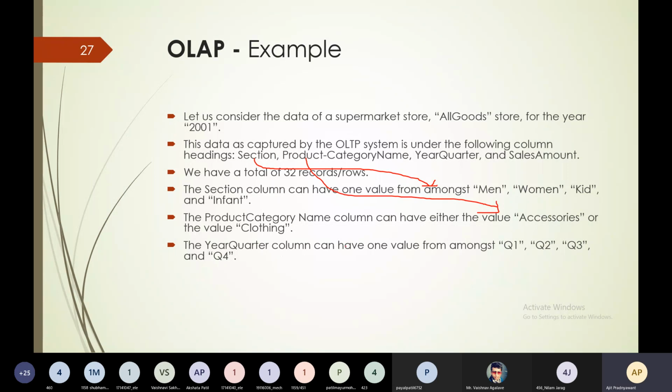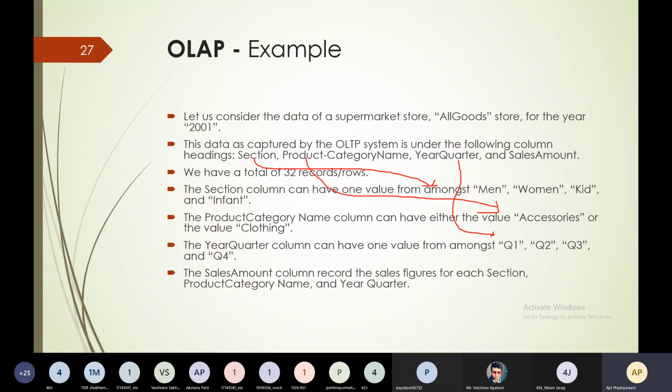The year quarter column can have one value from quarter 1, quarter 2, quarter 3, and quarter 4. So this year quarter stores values Q1, Q2, Q3, and Q4. And the sales amount column records the sales figure for each section, that is product category name and year quarter. So it will store the total amount of the sales.